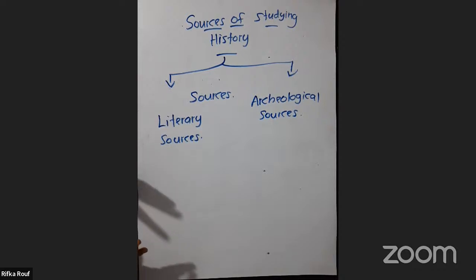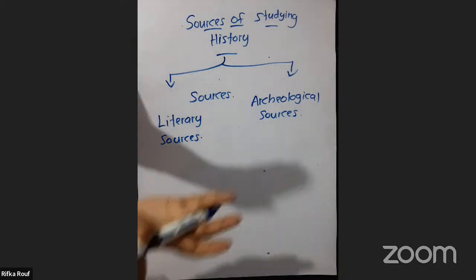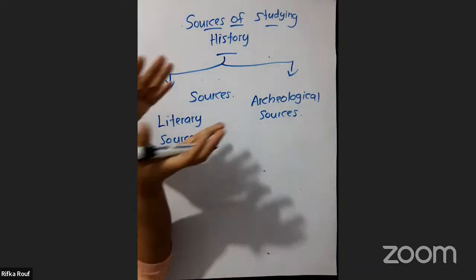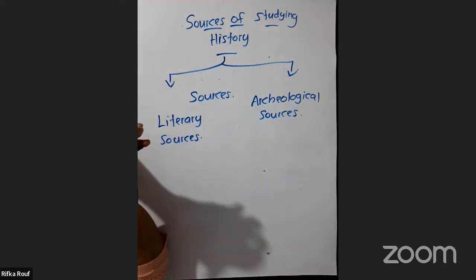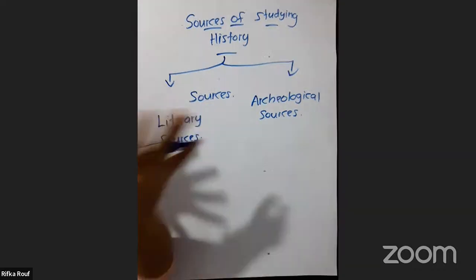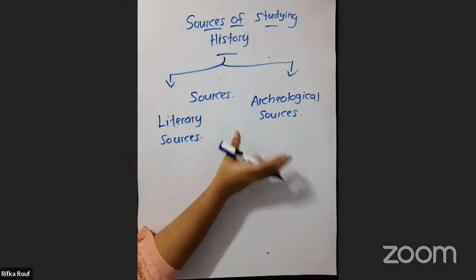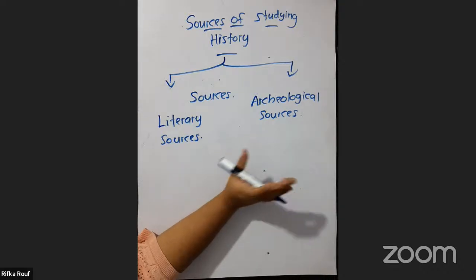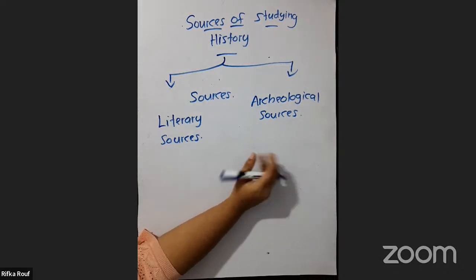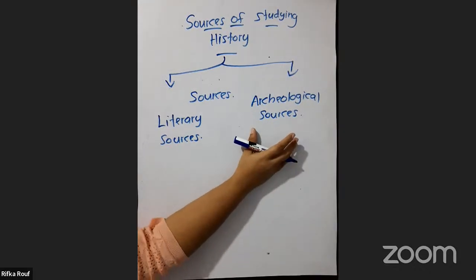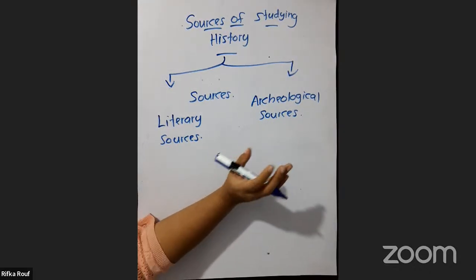So remember, when we want to know something, there will be written documents. That comes under the literary sources. And there are the buildings and the monuments and the drawings or the antiquities, everything that falls under the archaeological sources.